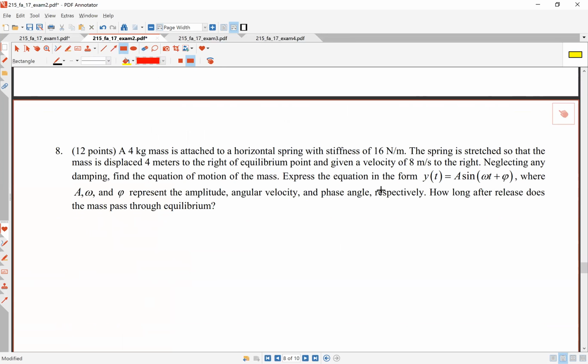All right, a 4-kilogram mass is attached to a horizontal spring with stiffness 16 Newton per meter.